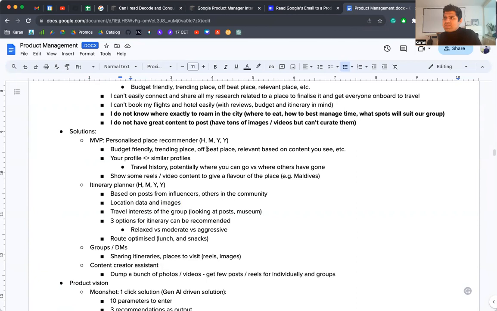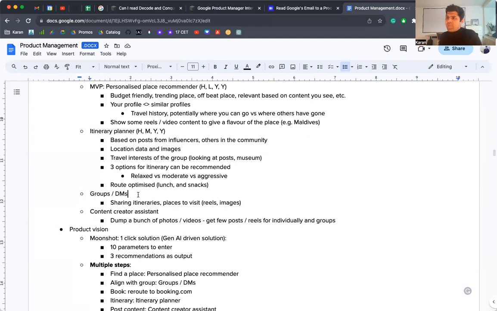So it's very similar. So maybe just to distinguish the effort, let's do it as low effort for personalized place recommender and moderate effort for itinerary planner.